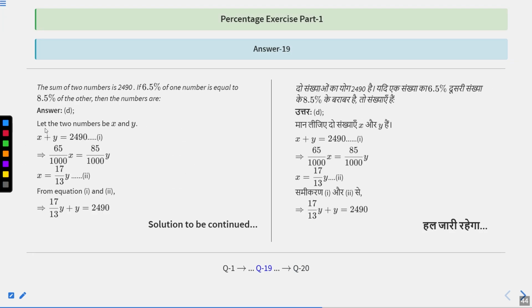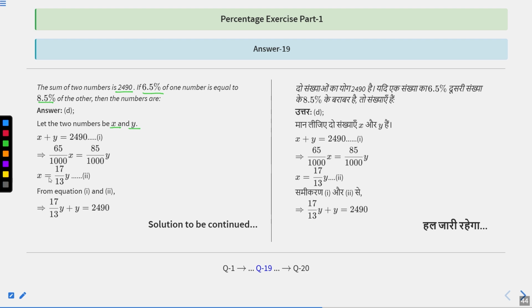The question says the sum of two numbers is 2490. So let the two numbers be x and y. x plus y is equal to 2490. If 6.5% of one number, we can write it as 65 upon 1000 of x, is equal to 8.5%, we can write it as 85 upon 1000 into y.